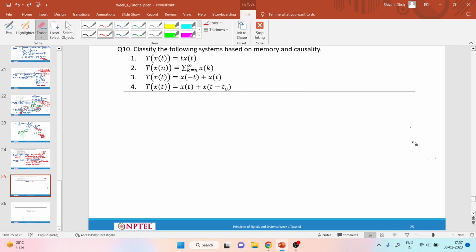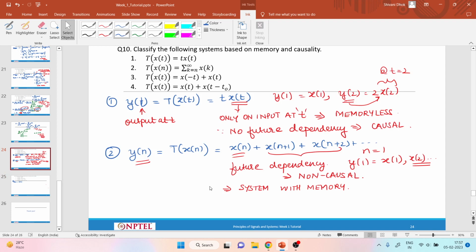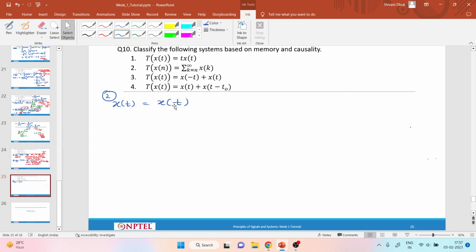And let us look at the third one now. So third one is y of t, the output, is equal to x of minus t plus x of t.